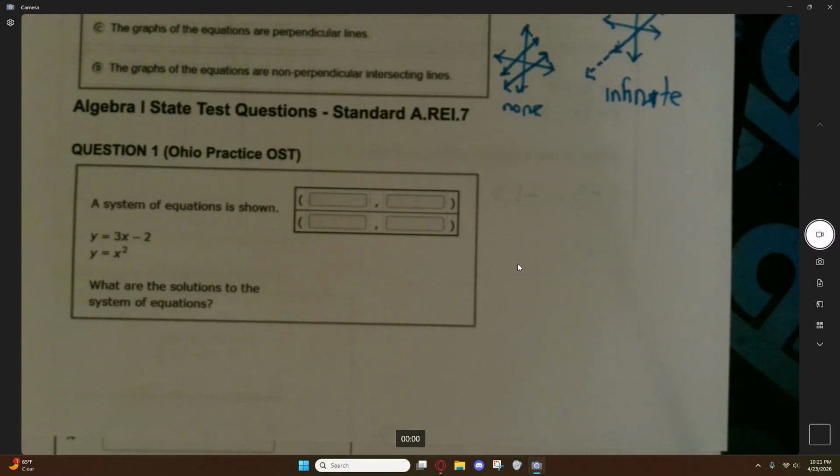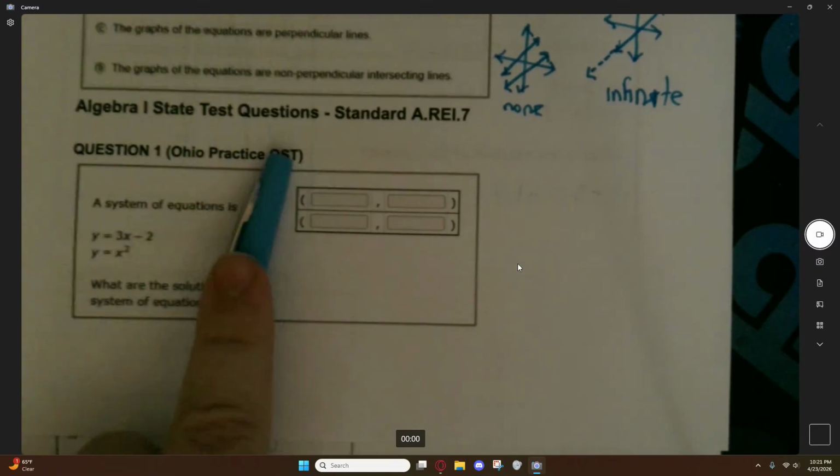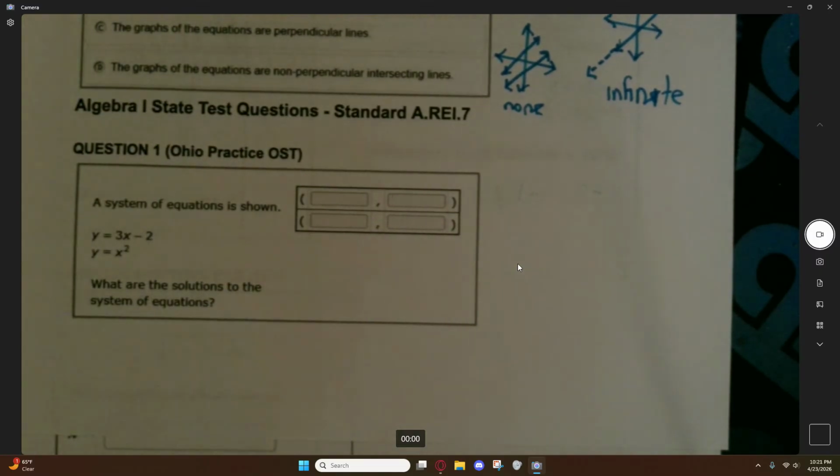And it really stresses the importance of why you need to know systems of equations, because it's assessed on so many standards. Out of 40 standards, there's 56 questions-ish, 56 points worth of questions.